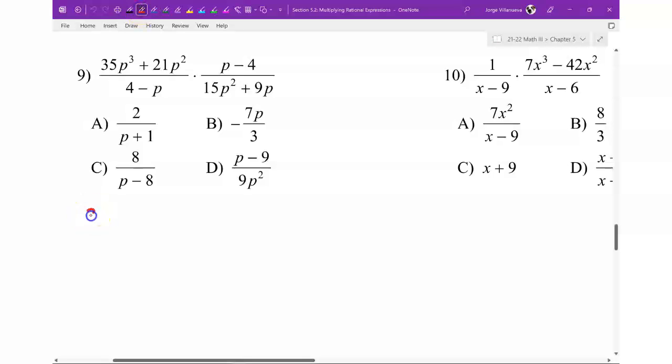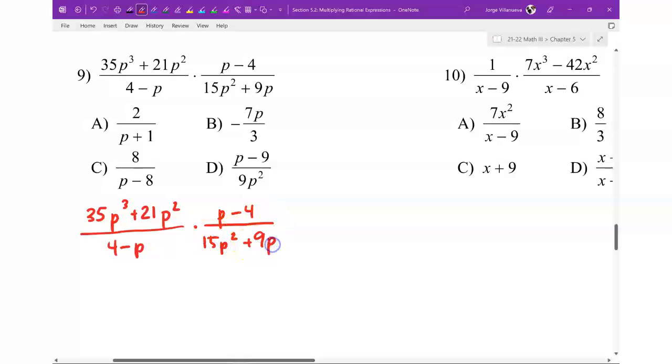This is 35p cubed plus 21p squared divided by 4 minus p, times p minus 4 over 15p squared plus 9p. So I like to call it top left, top right, bottom right, because we have two fractions there, right?